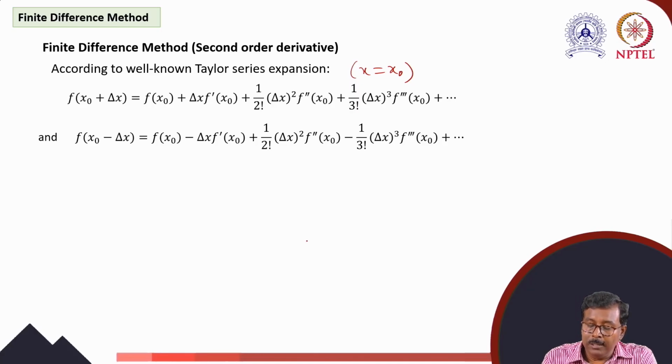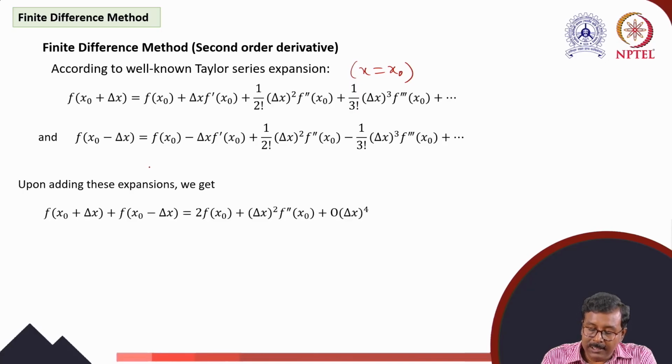Now how can I proceed? If we add these two expressions, f at x0 plus delta x and f at x0 minus delta x, the right side will be twice f x0, and these plus and minus terms will be cancelled out.